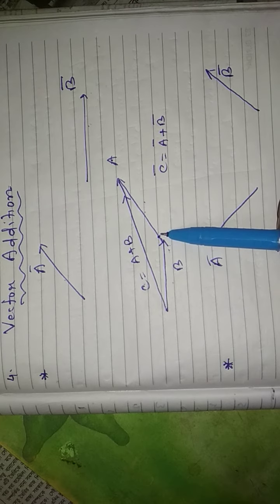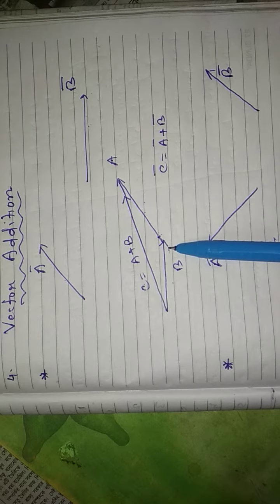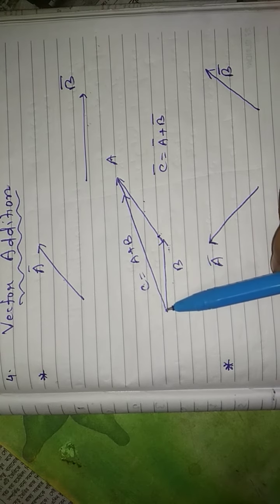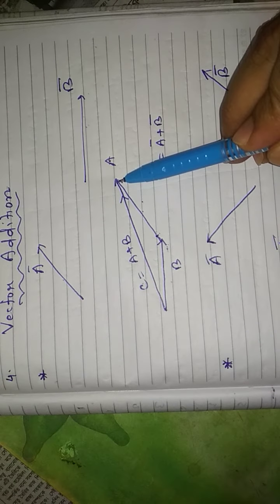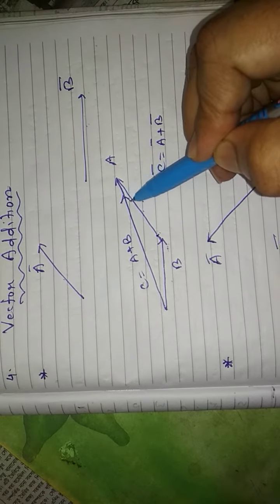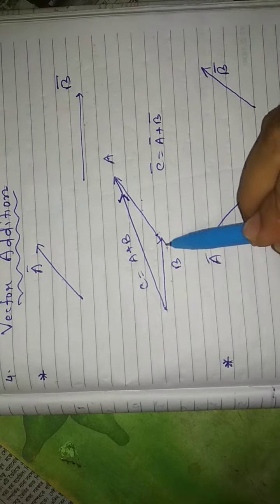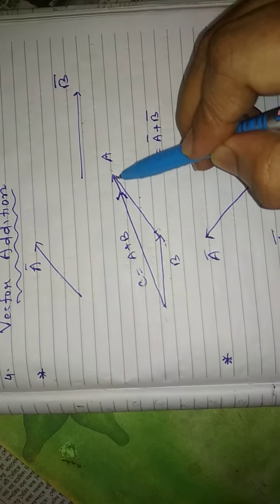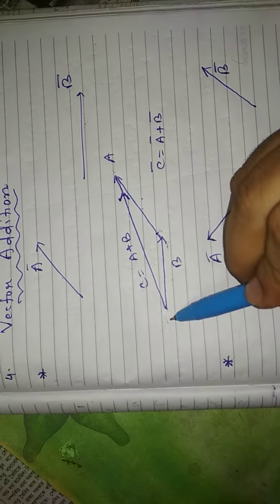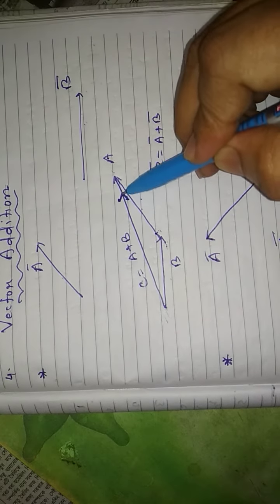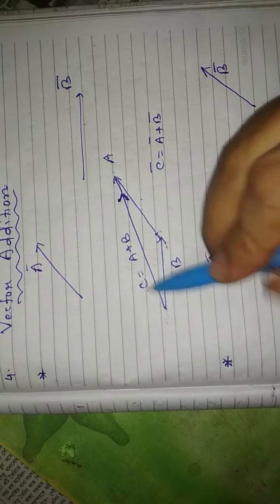So tail of a vector should be connected with head of another vector and join their two ends and give an arrow. So this arrow plus this arrow will give you this arrow. Again, this arrow plus this arrow will give you this arrow. So this is the resultant vector.